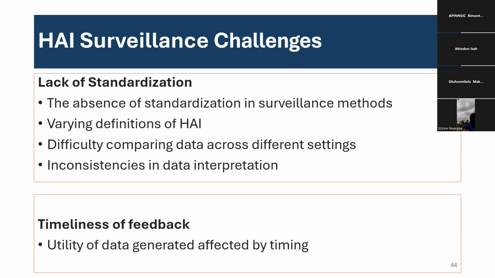So surveillance data in UCH may not be comparable with surveillance data in LUS or in Olabisi Onabanjo University because we are not following the same protocol or standardization of data collection. What we define as UTI in my facility may be different from what even a facility within the same state calls UTI. So we cannot really compare data or interpret it in a way that the other facility would understand.